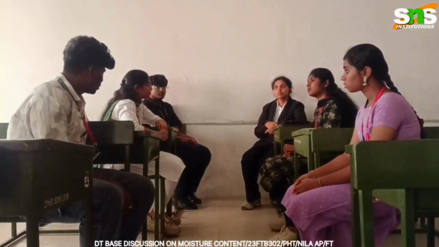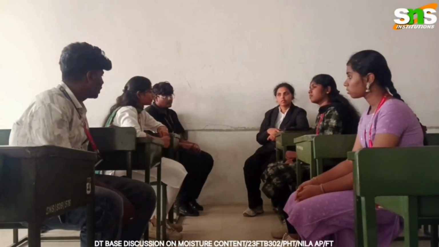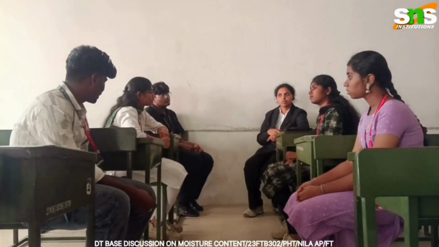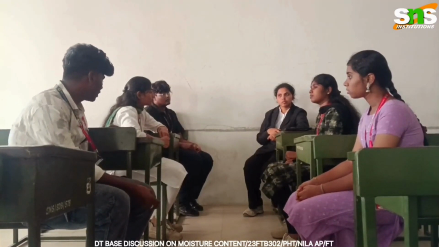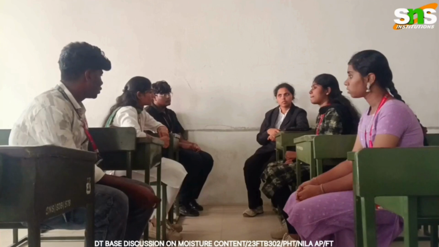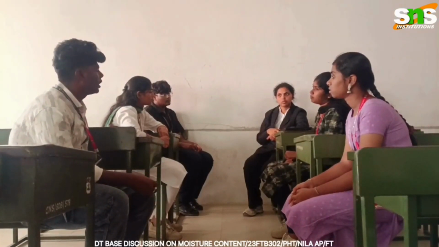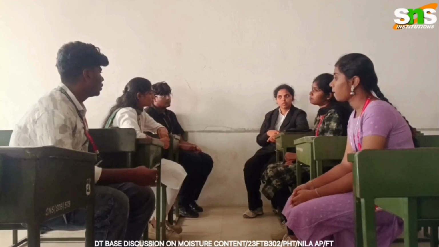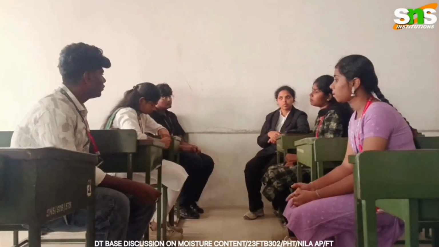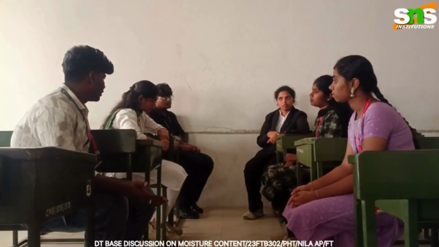Okay, we are going to discuss the importance of moisture content in a product. It comes under the categories: freshness and texture, shelf life, post harvesting, and processing suitability. In freshness and texture, if the product has a high moisture content, the food will be crisp and juicy, like fruits and vegetables.